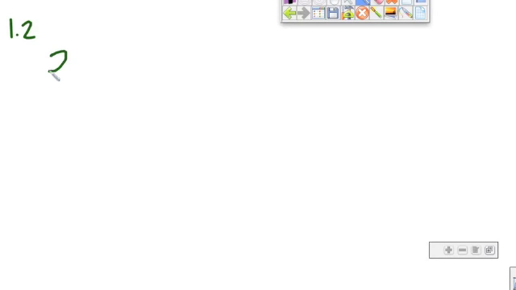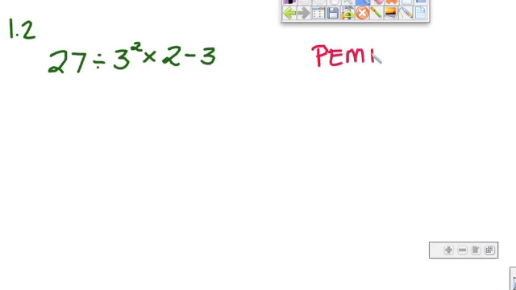So here we go. I have 27 divided by 3 squared times 2 take away 3. All right, now you know we have PEMDAS, if this is easiest for you to remember it, that's fine.